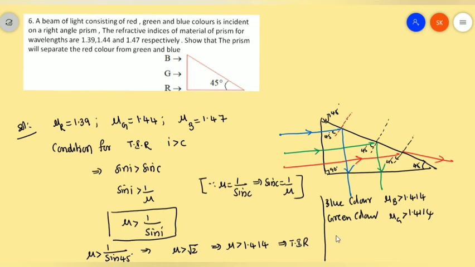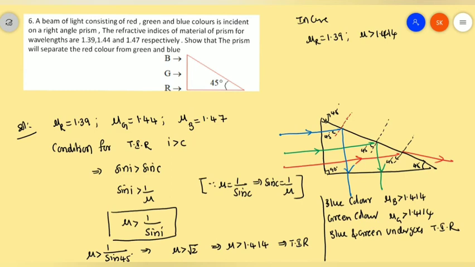Then blue and green undergo total internal reflection. But red color does not satisfy this, because red's refractive index is only 1.39, which is not greater than 1.414.